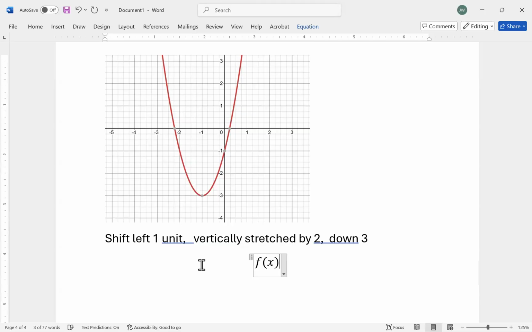The function expression would be equal to, again, I'll start with x squared because I know it's the quadratic base. And then I'm going to shift left 1 unit. Remember, that's a plus 1 on the inside. Vertically stretch by 2, that's a multiplication by 2 on the outside, and then shift down 3.